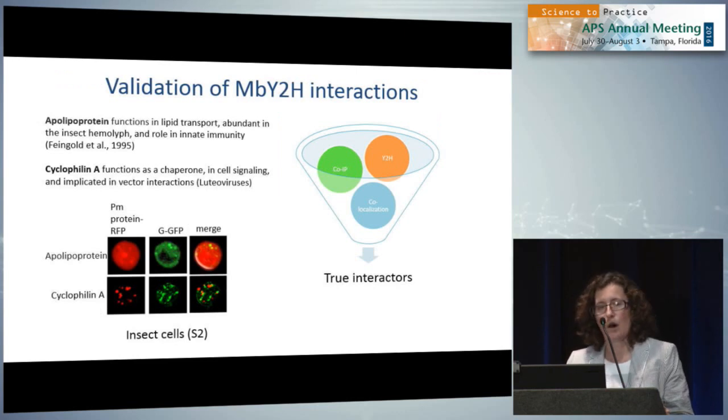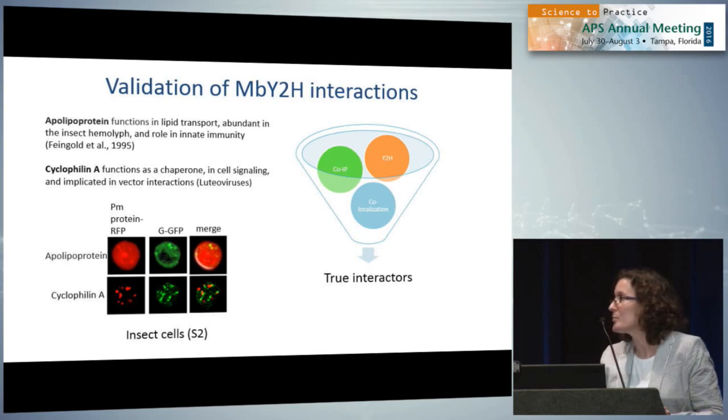I want to talk about a couple of the proteins that we pulled out. Our approach is to identify possible interactors using yeast two-hybrid, and then confirm the biological relevance of that interaction using co-localization, with insect cells in our experiments, or co-immunoprecipitation, again using insect cells for expression of the proteins.